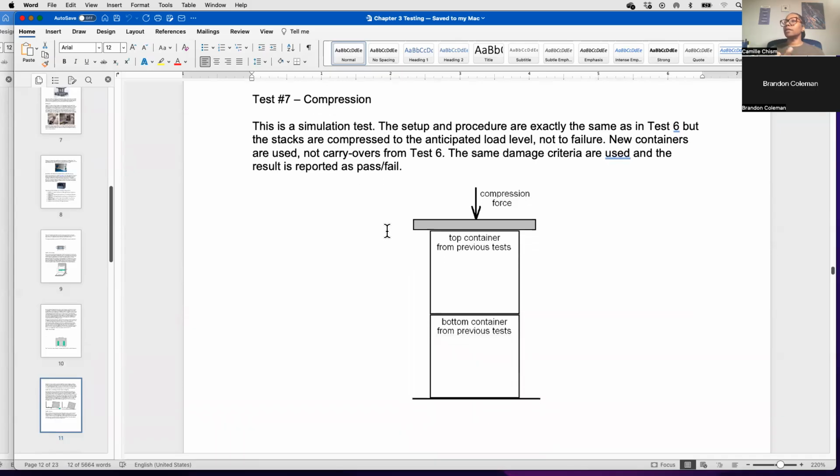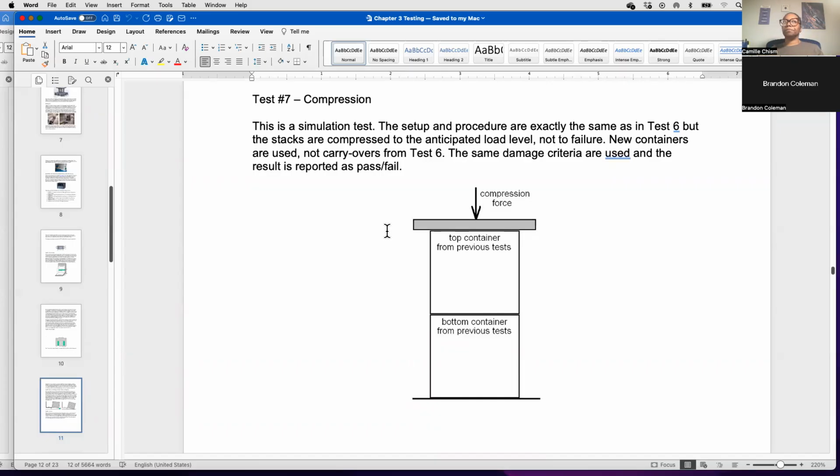So this one is a compression test. I would say it's going to look a lot different than what you are probably used to seeing for corrugated, because the plastic containers are stronger.